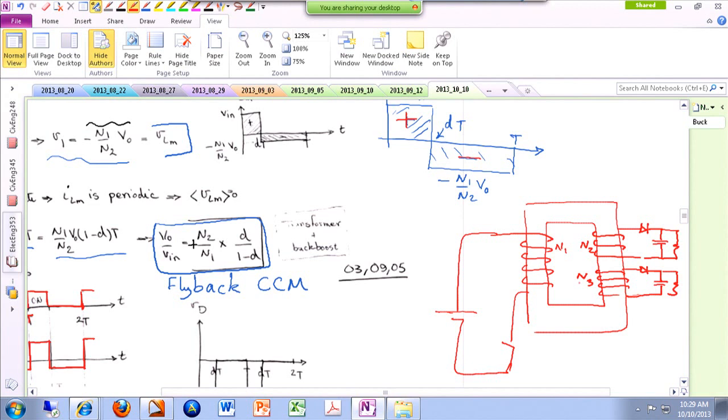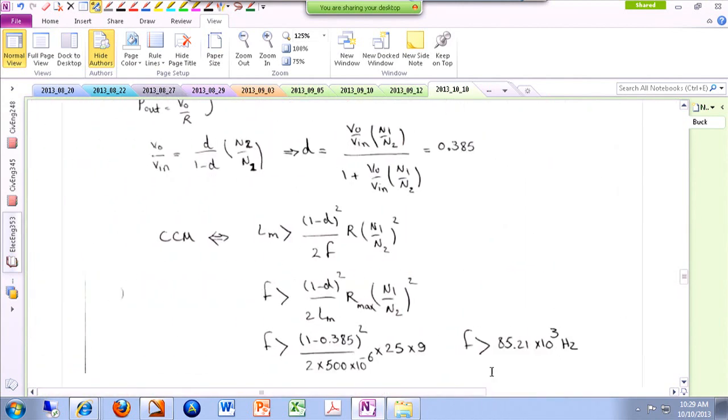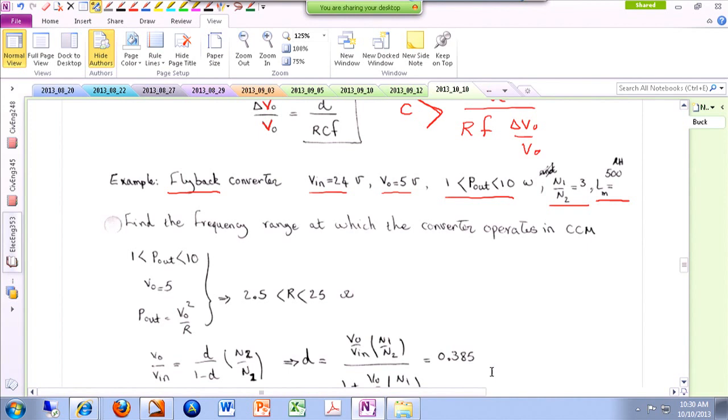All right, so going back to our example. First of all, the range of the output power is provided. What we can do is find the range of the load resistance, because we have the value of the output voltage, which is 5 volts.